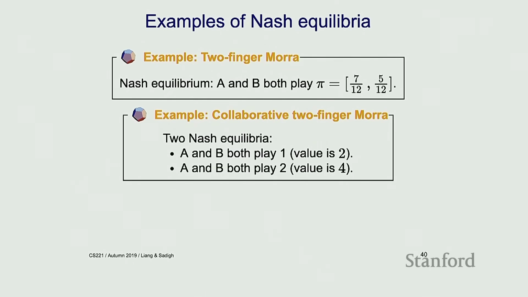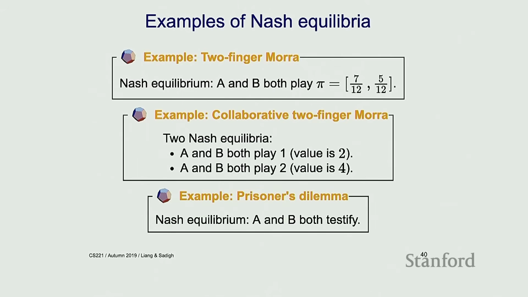In a collaborative setting, we both get $2, or we both get $4, or we both lose $3. So a collaborative two-finger Mora game is not a zero-sum game anymore, and you have two Nash equilibria. You would have a setting where A and B both play 1 and the value is 2, or A and B both play 2 and the value is 4. And then Prisoner's Dilemma is the case where both of them testify. We just saw that on the board.